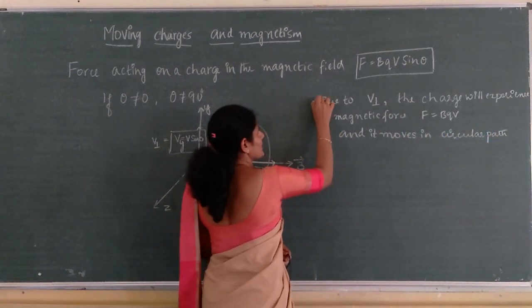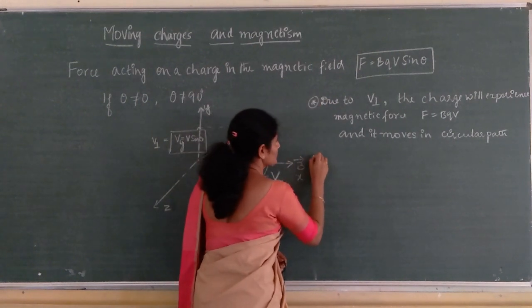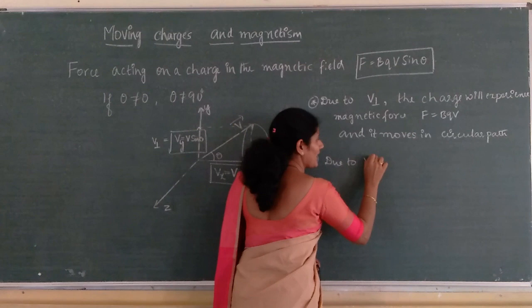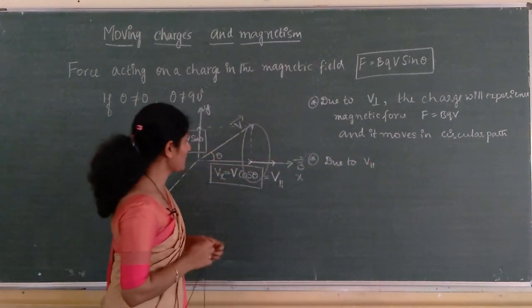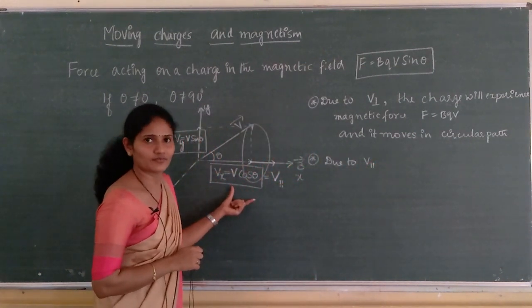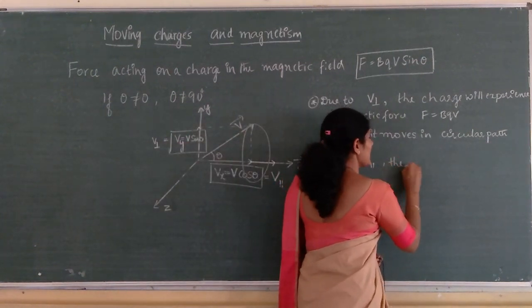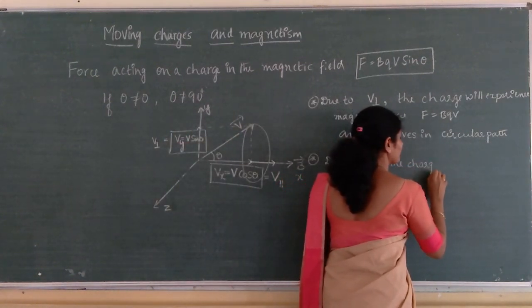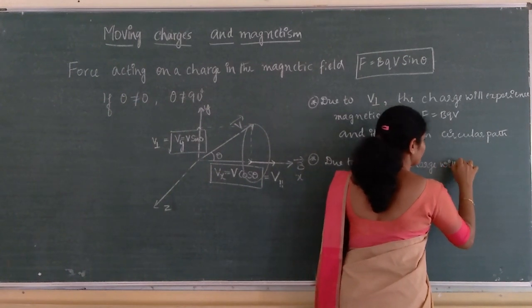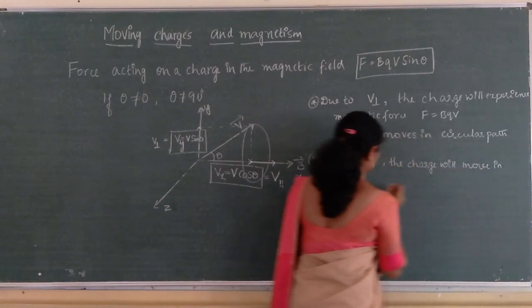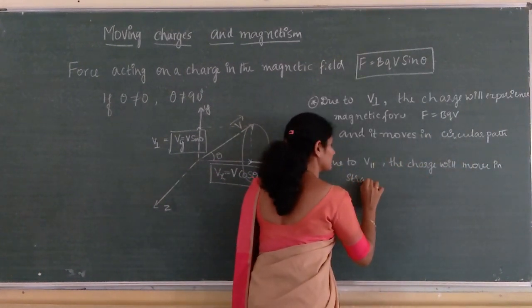So this is the first point. The second point is, due to V parallel, due to this parallel component V cos theta, the charge will move in a straight line.